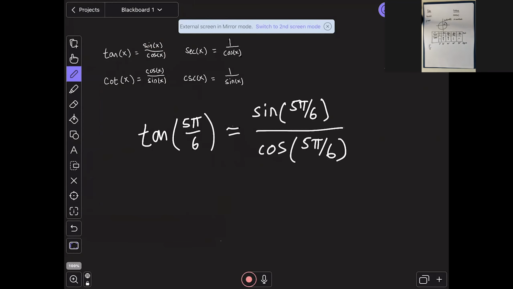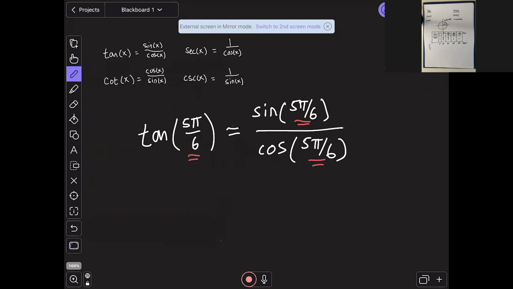So what I've done is I've taken this sort of complex problem, tangent, that we're not exactly sure how to evaluate, and I've broken it up into 2 separate problems: what is sine of 5 pi over 6 and what is cosine of 5 pi over 6.